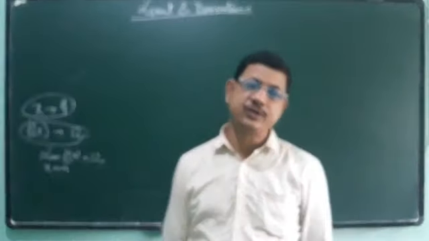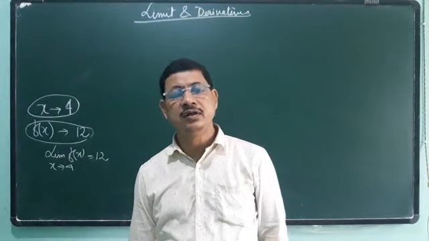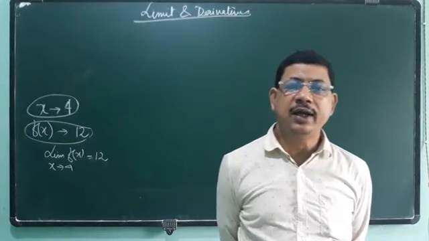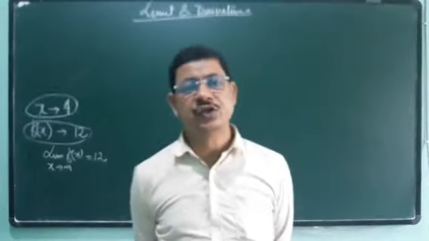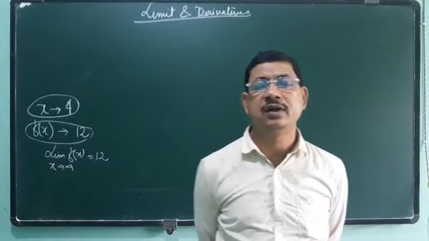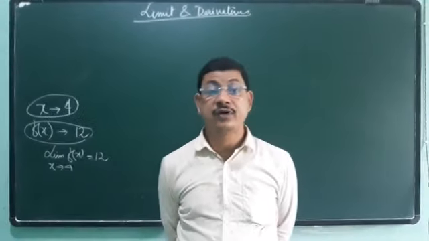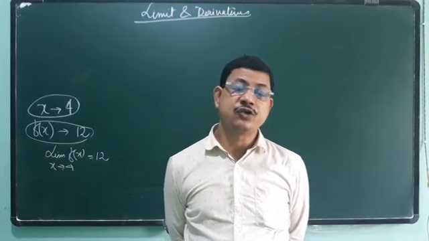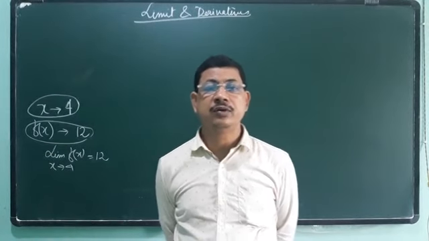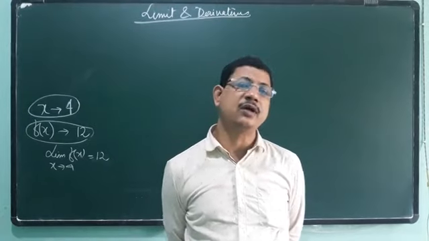This limit exists if the left hand limit is equal to the right hand limit. Left hand limit is the short form LHL, and right hand limit is RHL. We are habituated with LHS and RHS in class 10.